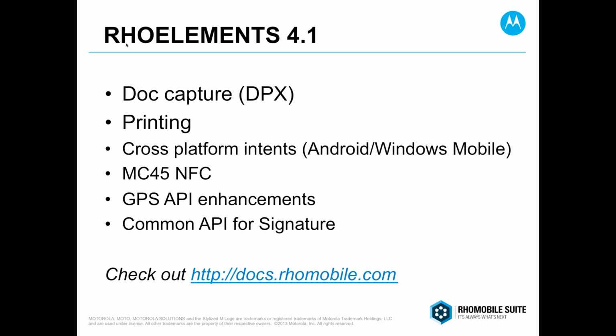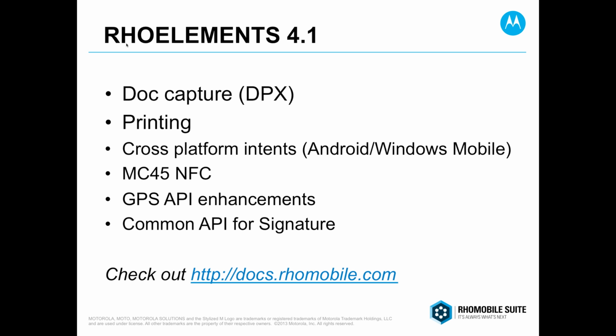Another exciting capability is cross-platform intents. Android has provided this way of allowing apps to communicate with each other in a very elegant, seamless way called intents, and we are taking that now to providing it on Android through our abstraction layer, but also taking that to other OSs such as Windows Mobile.